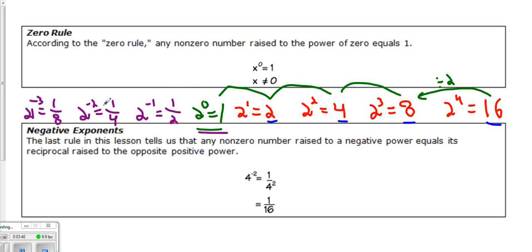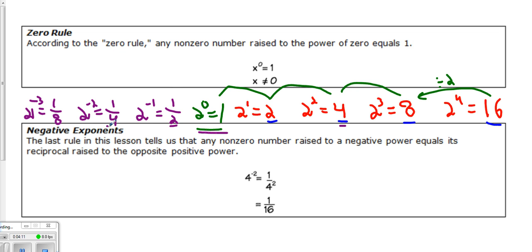As we keep going down, dividing by 2 each time, this helps us see that the last rule in this lesson tells us any non-zero number raised to a negative power equals its reciprocal raised to the opposite positive power. So notice, 2 to the negative 1 is 1 over 2 to the 1. 2 to the 1 is just 2. That's where this came from. 2 to the negative 2 is 1 over 2 to the positive 2. 2 to the 2 is 4.